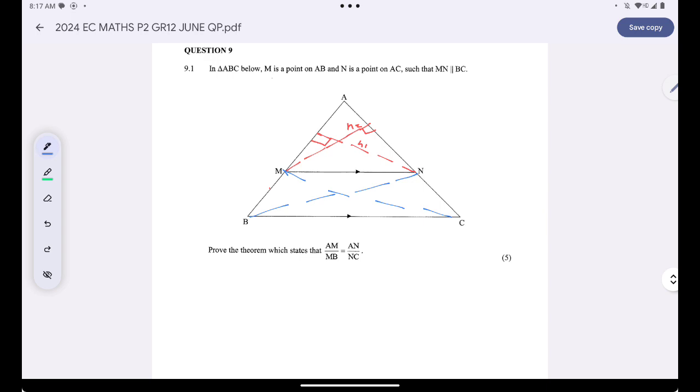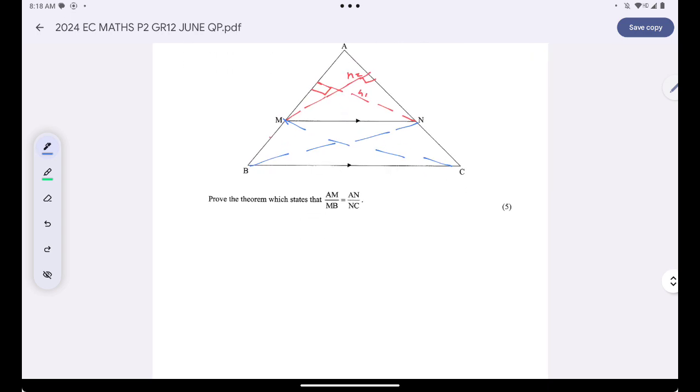Whenever you prove, we will use the quotient of the areas, right? We can simply say the area of triangle AMN all over the area of triangle MNB is equal to 1 over 2 multiplied by the base AM, and our perpendicular height is just H1, right?